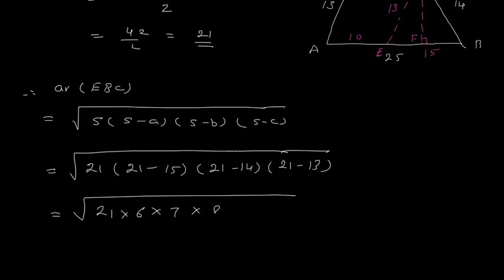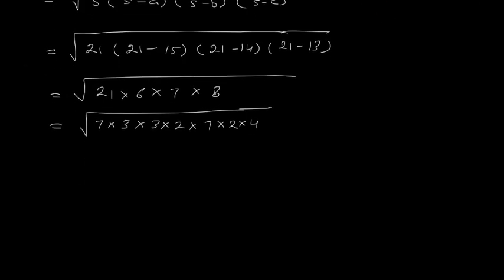Now this 21, I will write 7 into 3. This 6, I write 3 into 2. This 7 I will write as 7 and this 8 I will write 2 into 4. Now this 7 and this 7, I will take one 7 out. This is one pair, I will write 3 out.